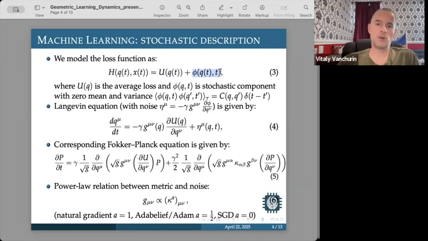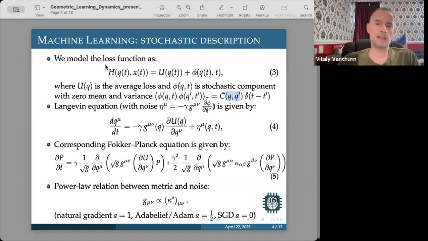And then there is an additional term with explicit time dependence. Given those two terms, we will say, okay, let's assume that the second term is like noise. As a noise, we will choose it to be Gaussian, with zero mean and some variance given by some function C.